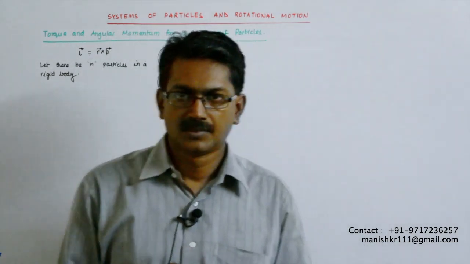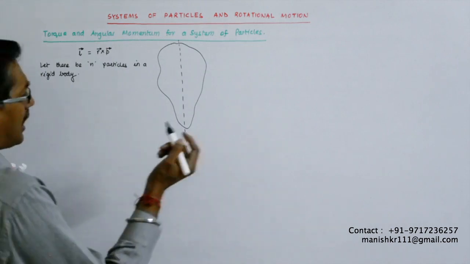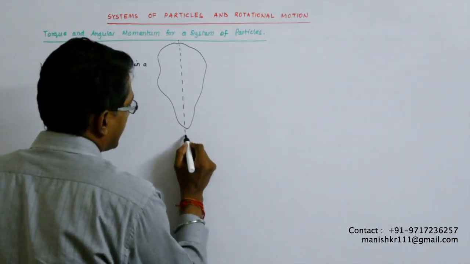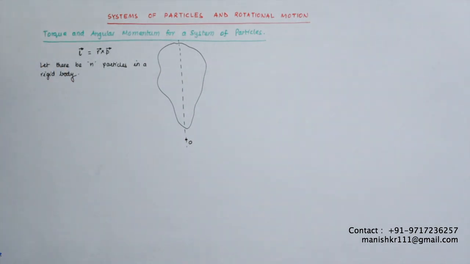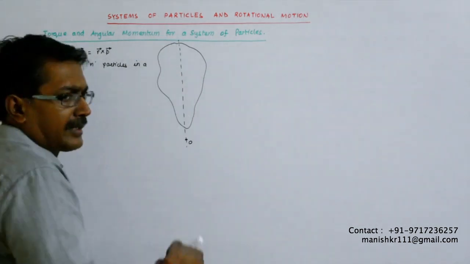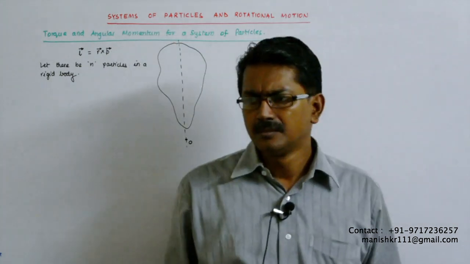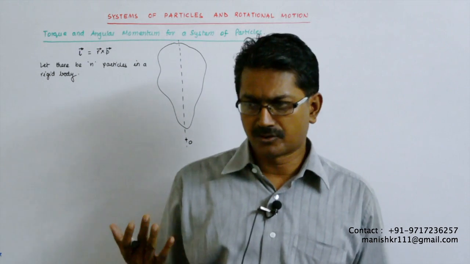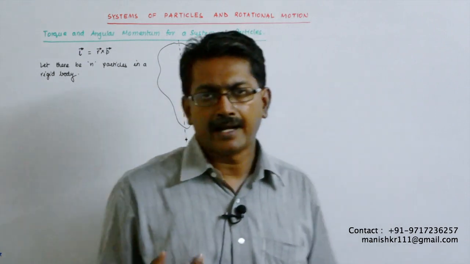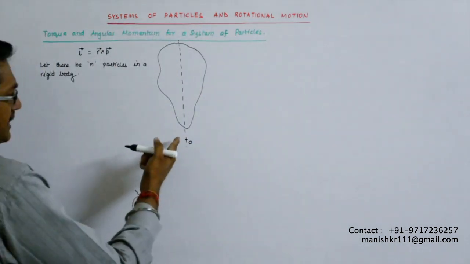And I normally have my origin fixed somewhere. Not essentially here, it could be anywhere. But normally we take the origin to be on the axis of rotation. So it is here.